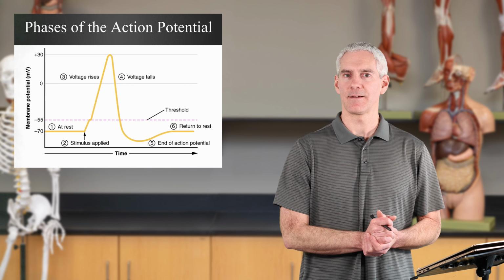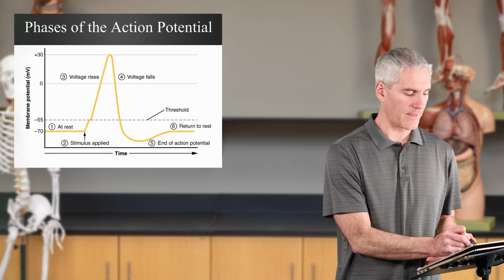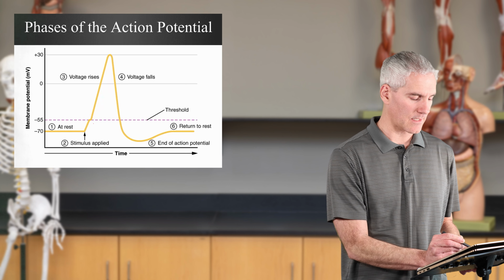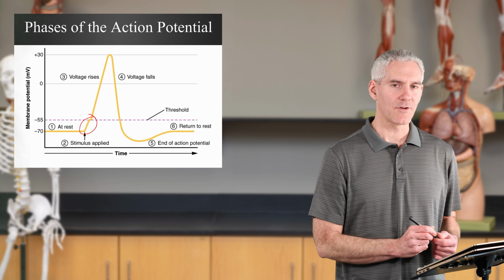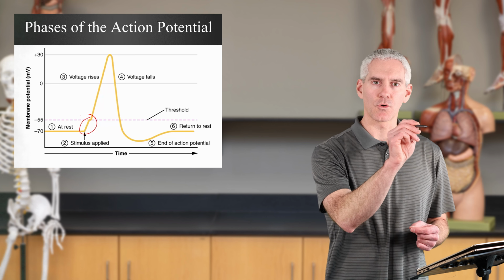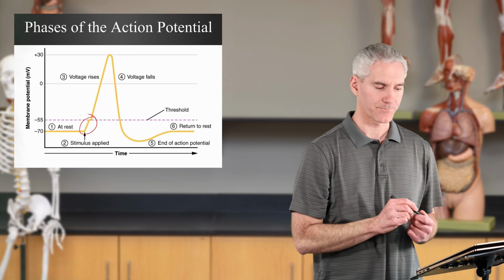So let's look at this little chart real quick. At rest, negative 70 millivolts, nothing's happening. That's down here. But then if you notice, you have this initial part, and there's that little blip at negative 55. That's the graded potentials all working together to reach threshold.